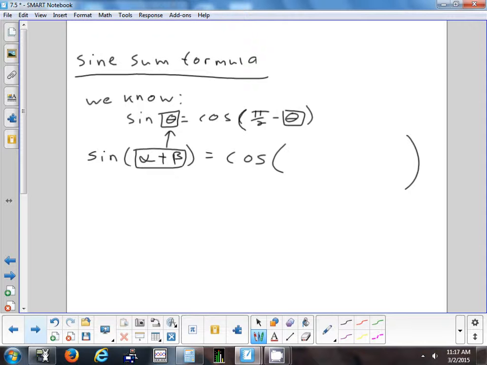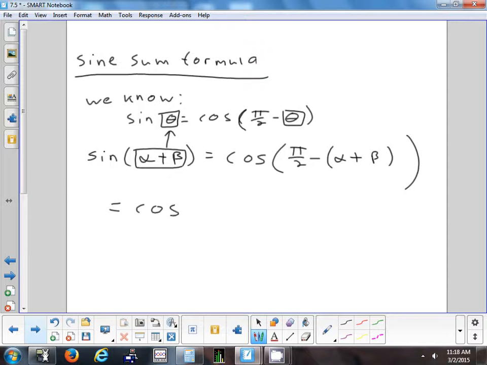Yep. So it would be pi over 2 minus theta? Yes, and since you're subtracting alpha plus beta, I put it in parentheses because you're subtracting the entire angle. Whatever that angle is, you're subtracting. And what I'll do is distribute out that negative and regroup it a little bit.